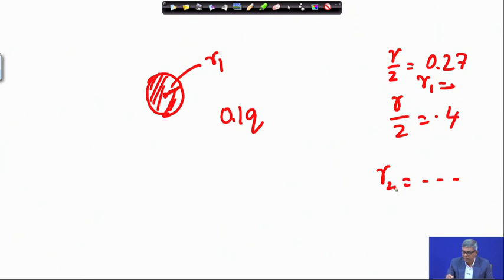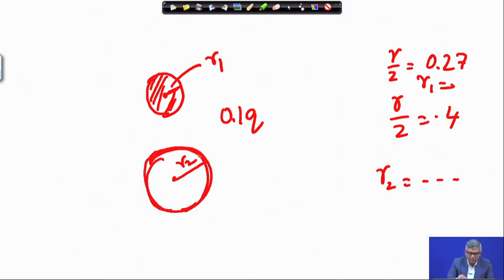Now, if I draw another circle with radius r2, what is the meaning of it? That means, if that much area is loaded uniformly with pressure q, then at the same depth of 2 meter you will get 0.2 q.